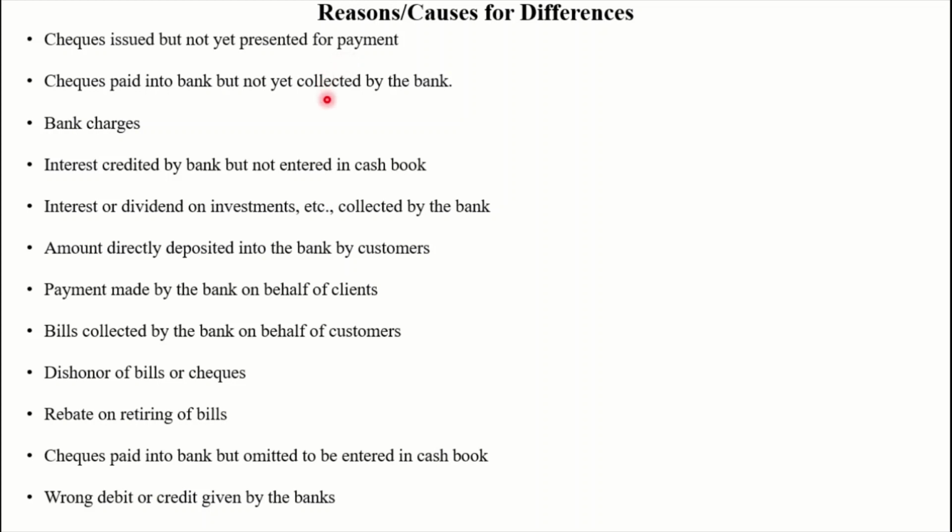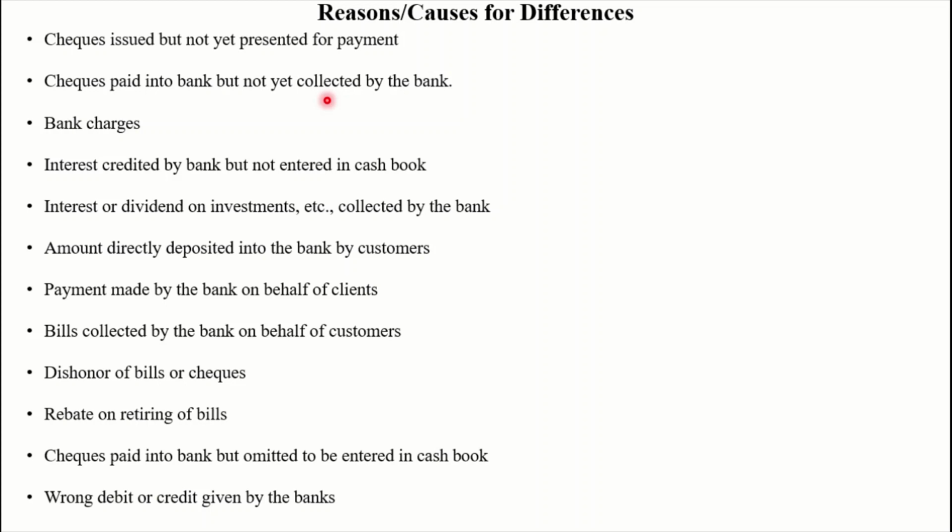The second cause is a check paid into the bank but not yet collected by the bank. See, when a check is received by the businessman from a third party and he deposits it in the bank, he will debit the bank account and credit the account of the third party in his own book, that is, the business cash book.